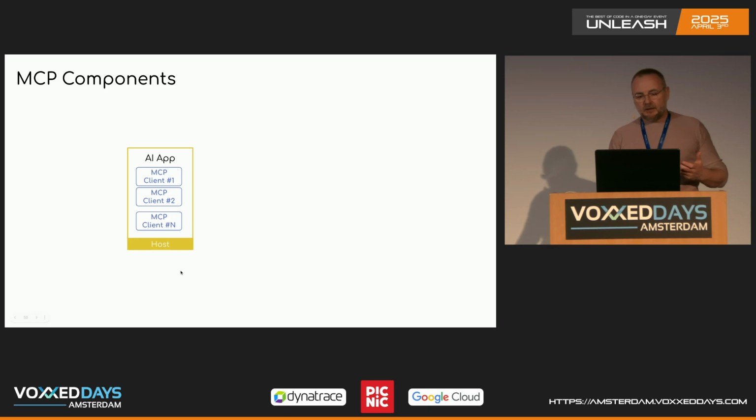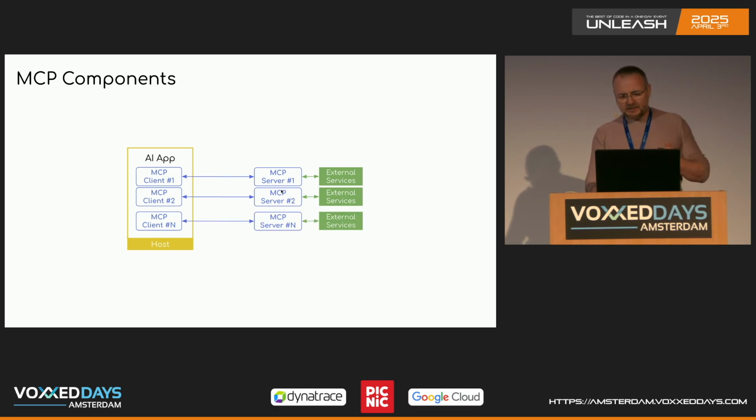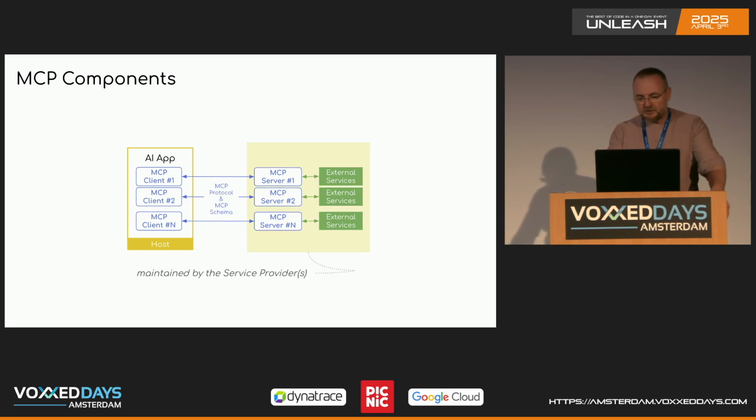You have your AI application, a Spring Boot application in our case, it was Marvin. You can include into this application, which is called the host, one or more MCP clients. Practically, those are a unified way to talk to backend systems, represented by MCP servers. They talk over a well-defined protocol and a well-defined MCP schema.